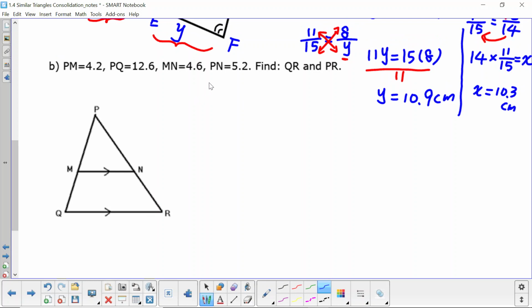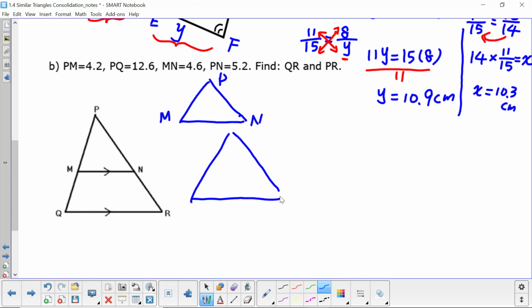One is PMN and another one is PQR. So you have two triangles, they just overlapped each other, okay?